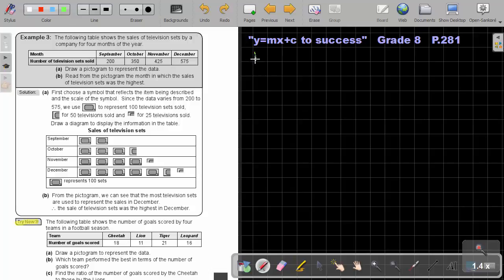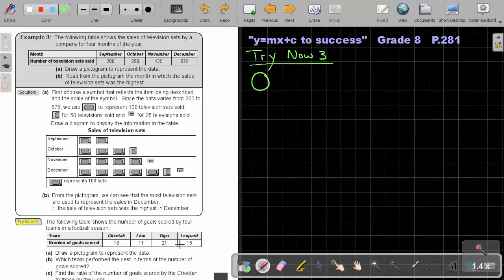Okay, let's look at Try Now 3. If I make a picture, I must first decide on a scale. My circles are not going to be so accurate, but I can make a circle, because the following table shows the number of goals scored for 4 teams: 18, 11, 21, 16.